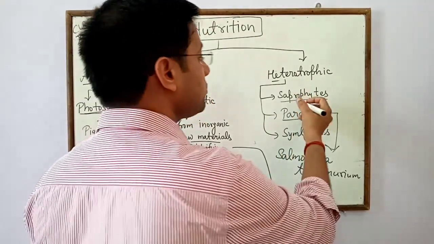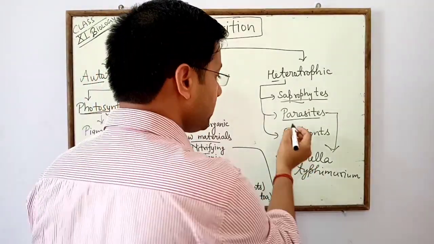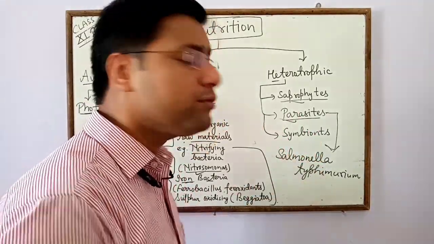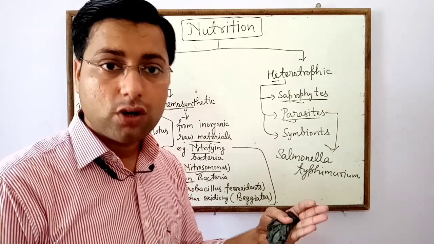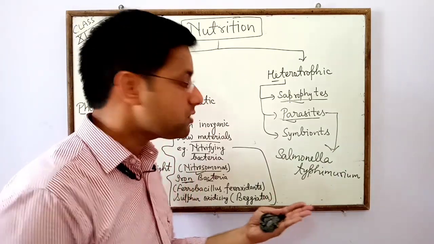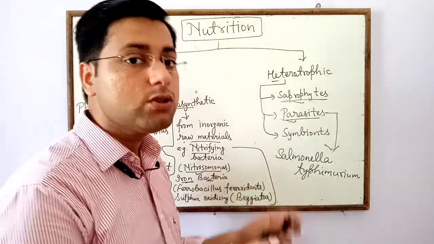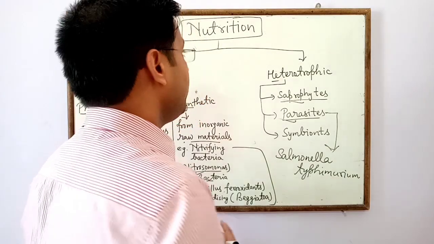So in heterotrophic, some are saprophytes, meaning they depend on dead and decaying organic matter. Some are parasites like Salmonella typhimurium, Vibrio cholerae, Mycobacterium tuberculosis. And symbionts are present in the root nodule of legume crops, that is Rhizobium leguminosarum.